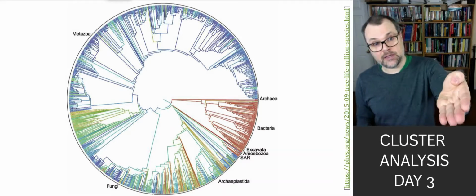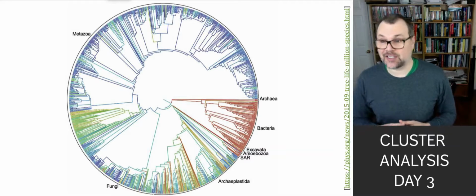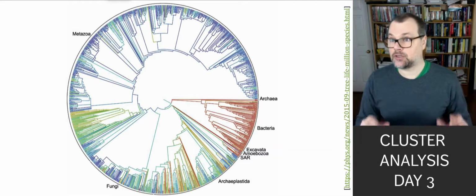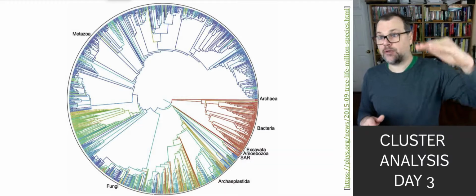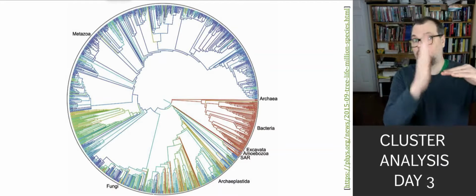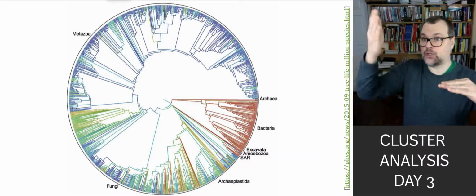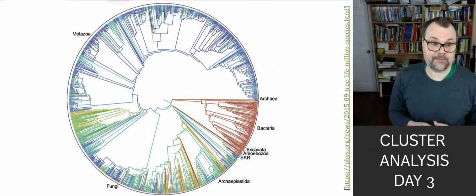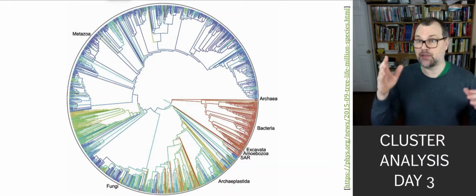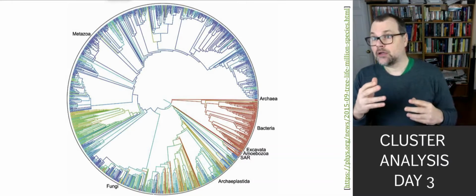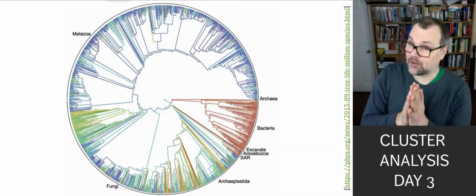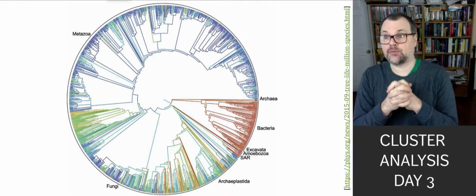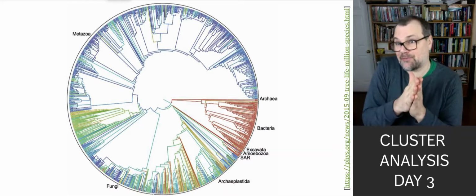So this tree of life is an example of hierarchical clustering, where all of the species, with their genomes, or at least with a number of genetic characteristics, have been compared. And the ones that are very close together, that have basically the same genomes, are considered to be part of the same family.